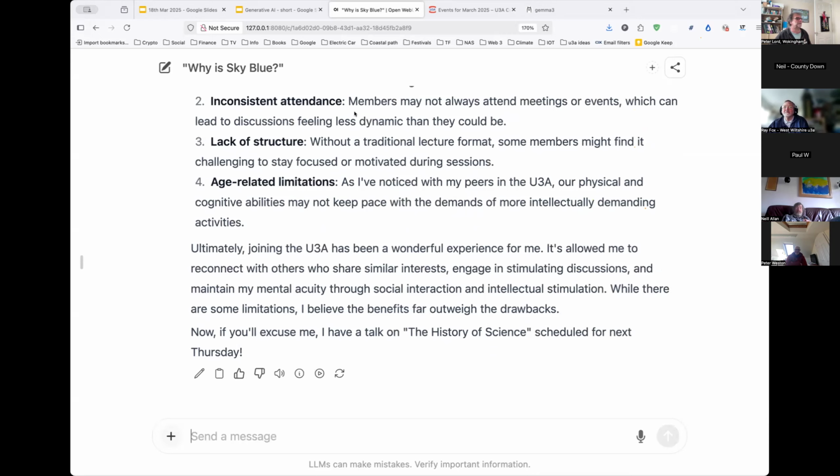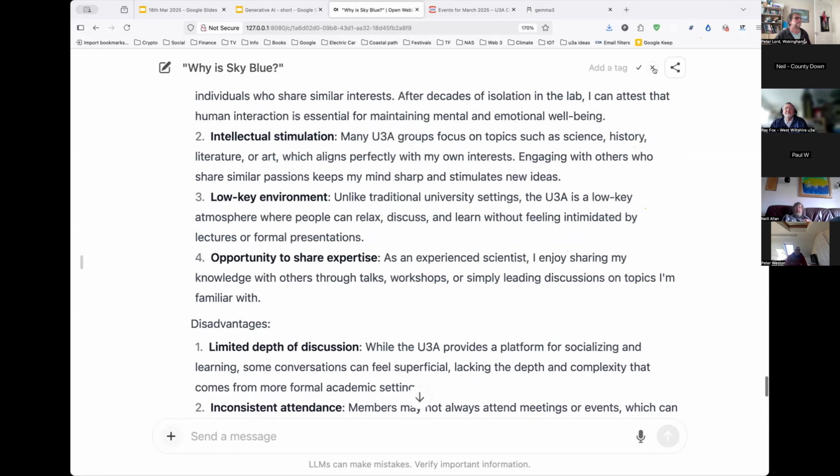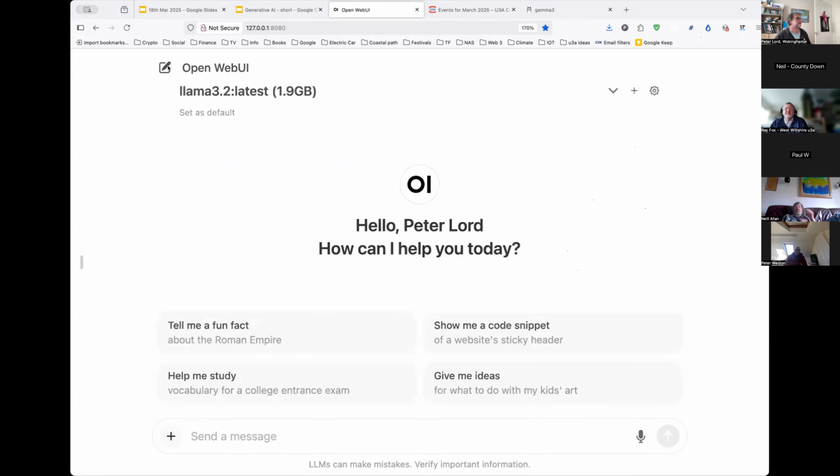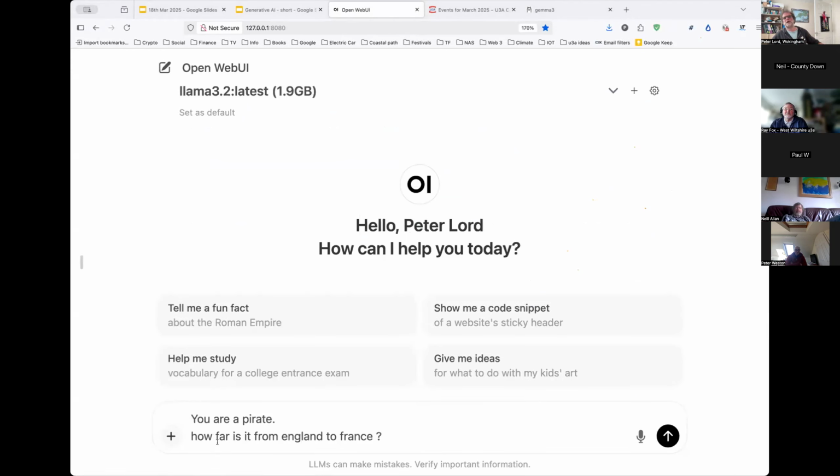Now, I'll do a more fun one. I need a new, not that one. Oh yeah, new context window here. So you'll like this one. You are a pirate. How far is it from England to France?